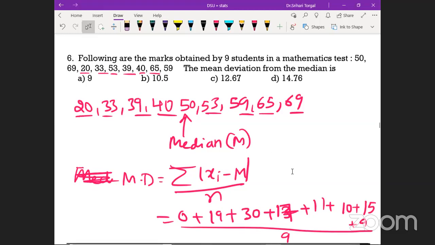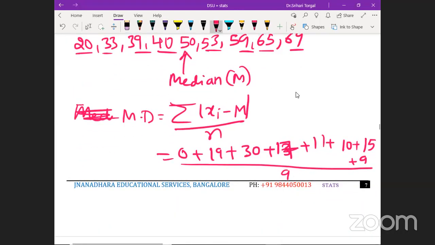What is the answer? If you add these: 30 plus 30, 60, 60 plus 10, 70, 85, 85 plus 17 is 102, 102 plus 9, 111. Is it 109?